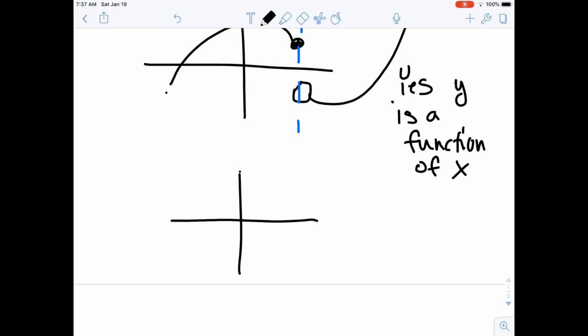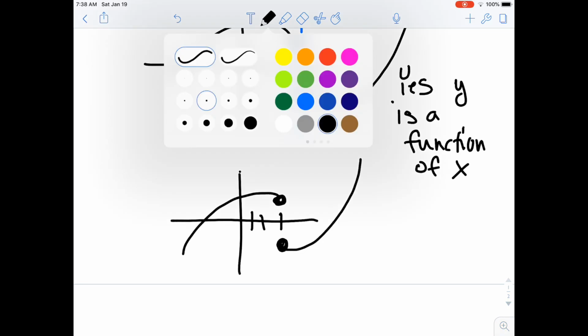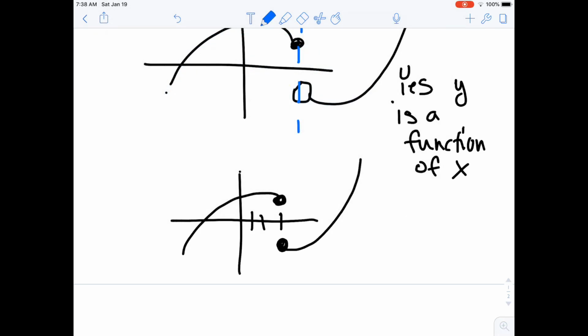Now, let's say you had the same graph to here, and then it swoops up, so let's say some crazy function. Well, in this graph, if you draw a blue line, you're going through 2 points. My blue line crosses this graph where it exists. The filled in dots mean it exists.